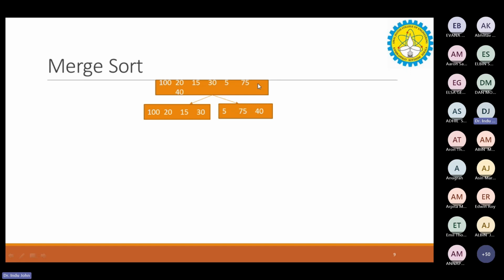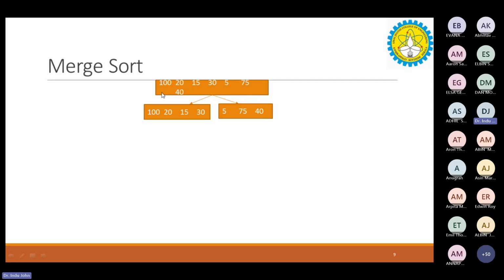So how does merge sort work on this array? Let us look at the illustration. First you will divide this given array into 2 parts. So the original problem is divided into 2 subproblems. This splitting is done around the middle element.